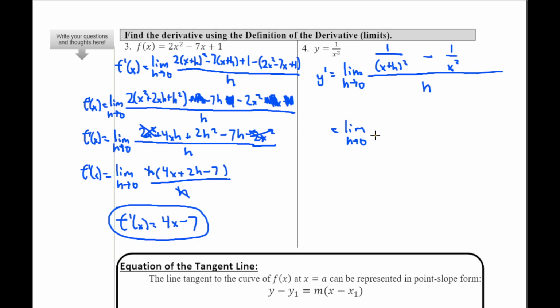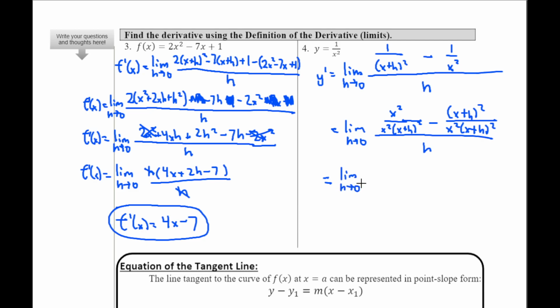So that gets us an x squared over x squared times x plus h squared, minus x plus h squared over x squared times x plus h squared here. The reason we do this now is because we have a common denominator, and now we can just subtract easily on the top of the fractions there.